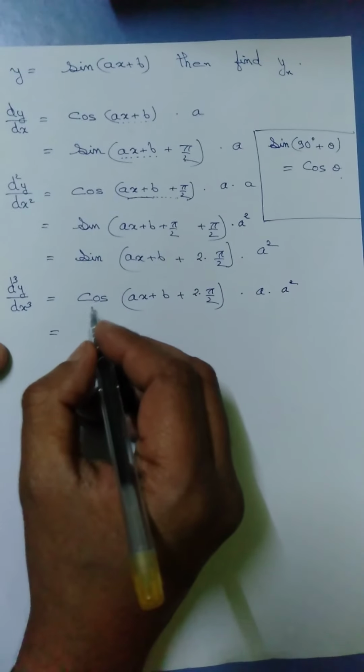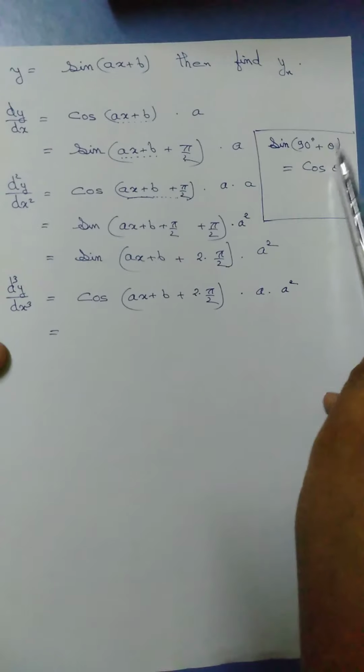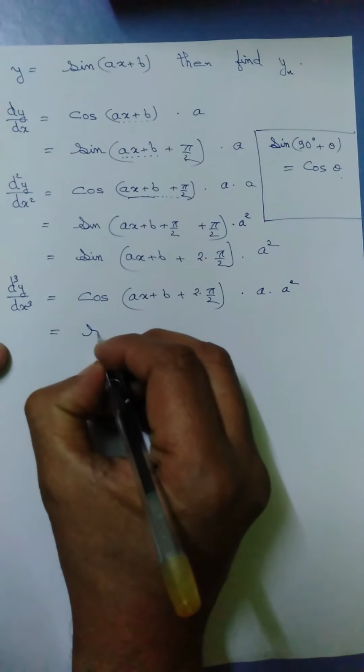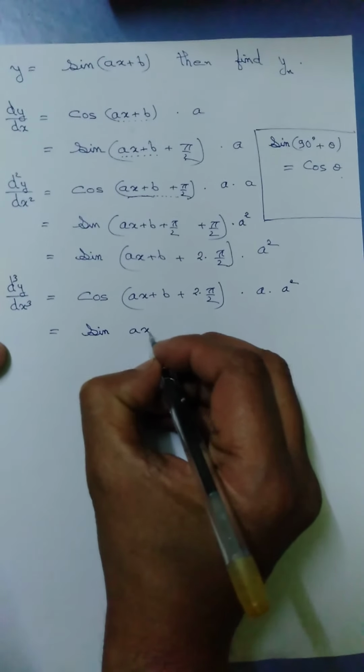Again you write cos in terms of sine. Sine of 90 degrees plus theta is cos theta. So this cos, when I write it in terms of sine, I have to bring one more 90 degrees here.